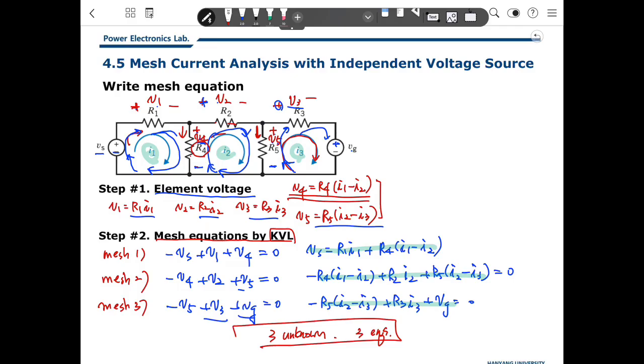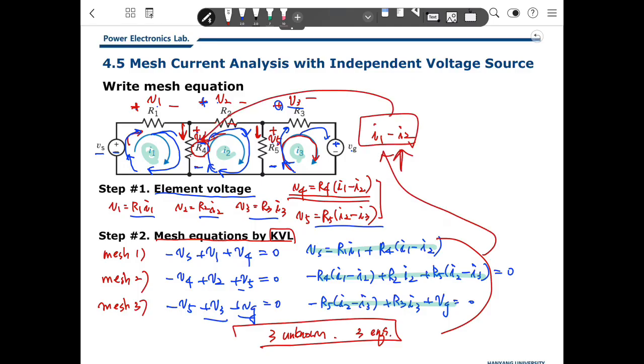The current going through R4 is not I1, not I2. The current is I1 minus I2. Based on these equations, we can calculate I1 and I2, then get the current going through R4. That's the way to get the element voltage and current based on mesh current analysis.